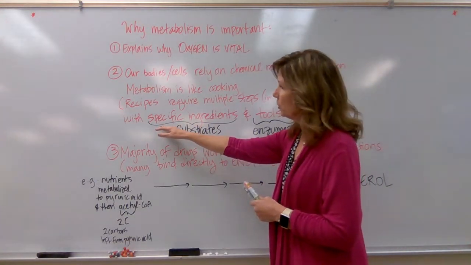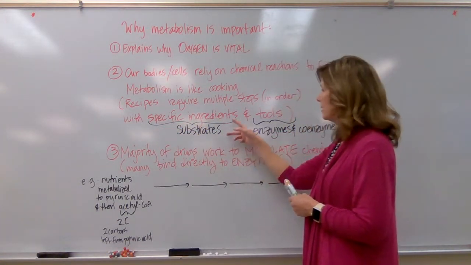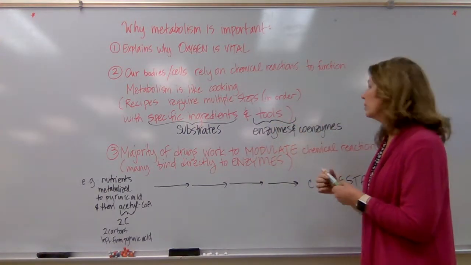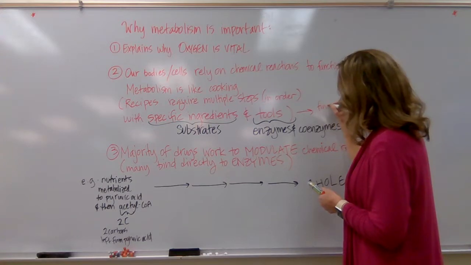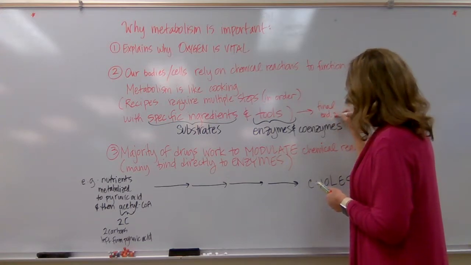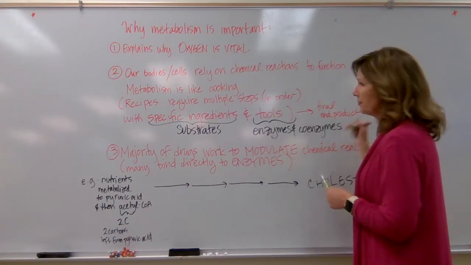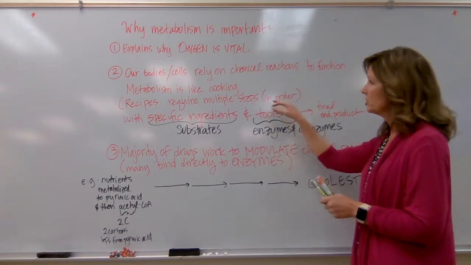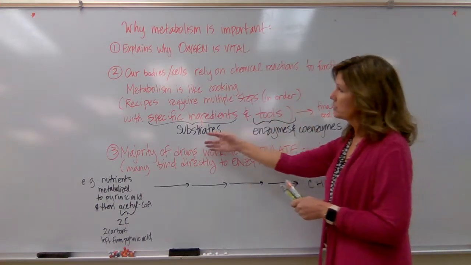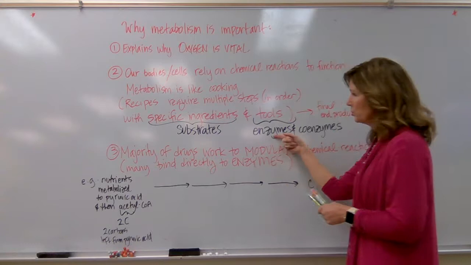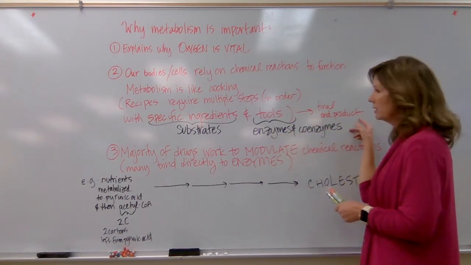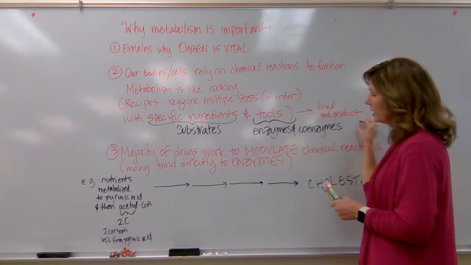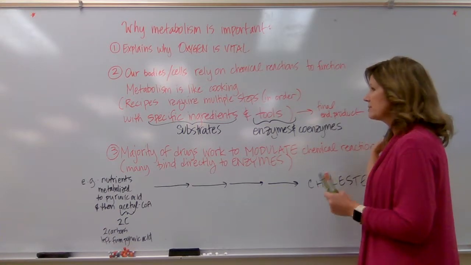Many of them will require specific ingredients and tools to get to your final end product. Well, that's very similar to metabolism. A lot of times there will be multiple steps with specific substrates and tools, which are enzymes and coenzymes, that will end up in a final end product or a few end products.